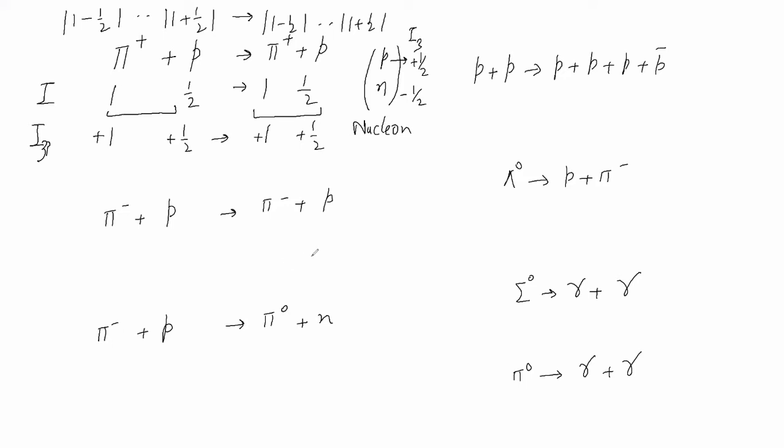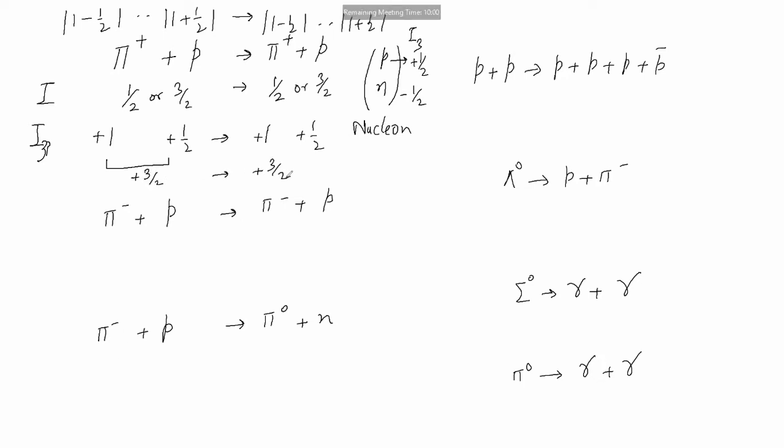Therefore, you will say that, okay, if I am adding these two quantities, I am getting a value of half or 3 by 2. Here I am getting a value of half or 3 by 2. But when I am adding the projections, it will have a unique value because projections are algebraically added. That will be plus 3 by 2, and here also plus 3 by 2.